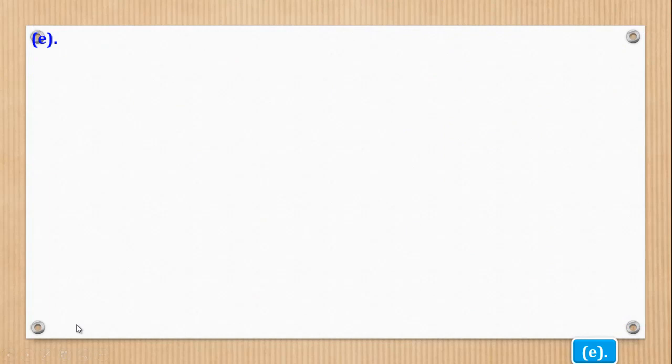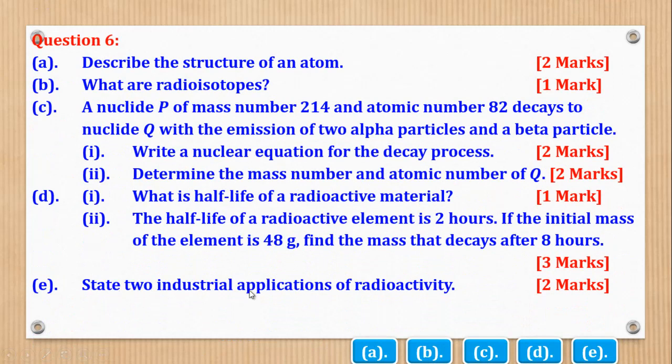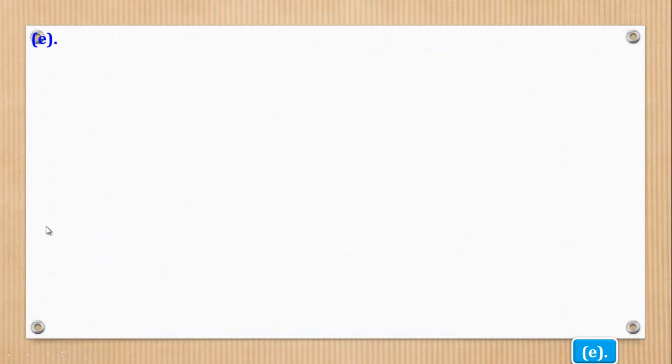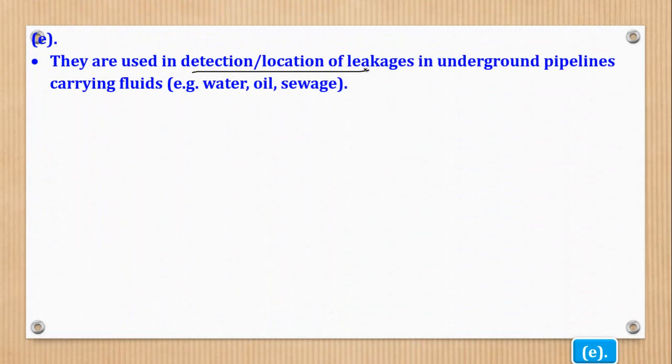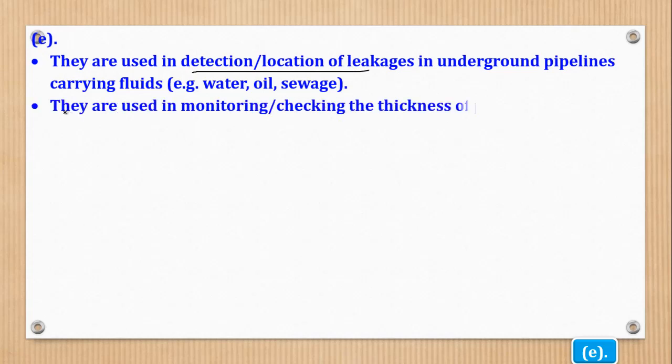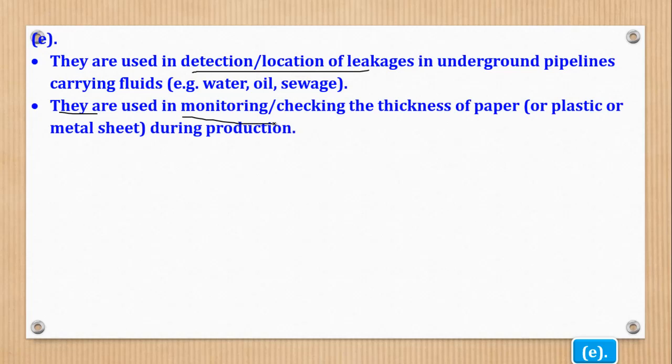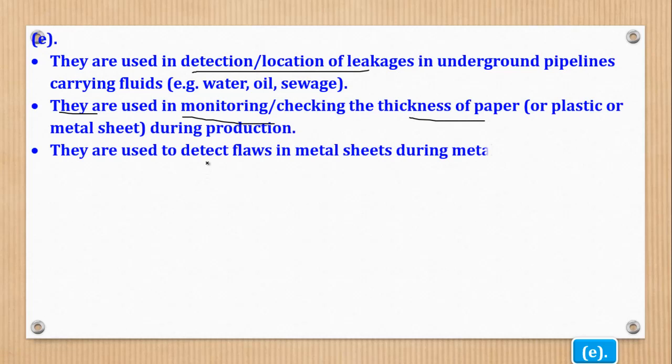Then part E, state 2 industrial applications of radioactivity. So one, you can say they are used in detection or location of leakages in underground pipelines carrying fluids like water, oil, sewage. Then 2, they are used in monitoring or checking the thickness of paper during production. Used to detect flaws in metal sheets during metal casting.